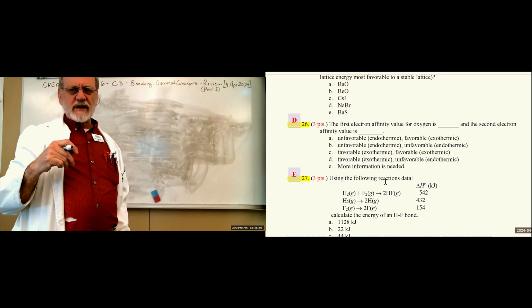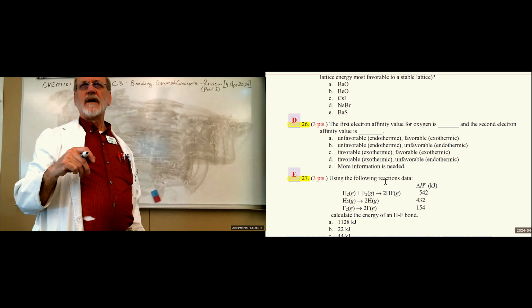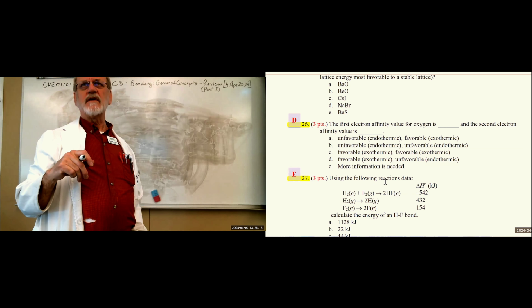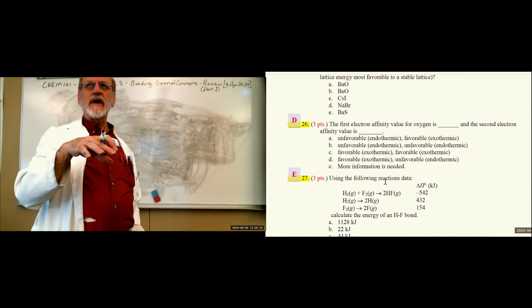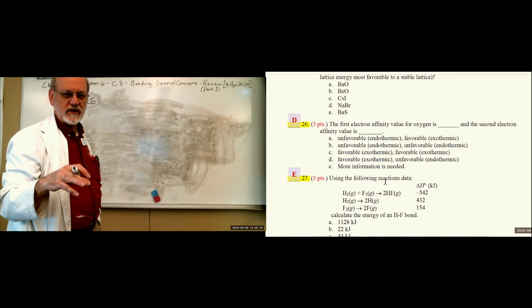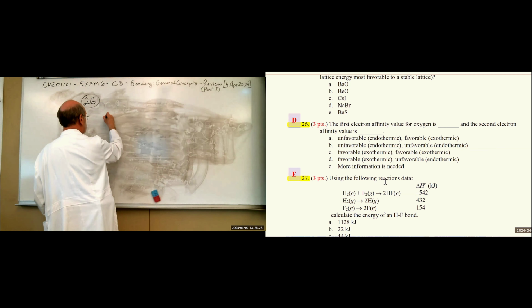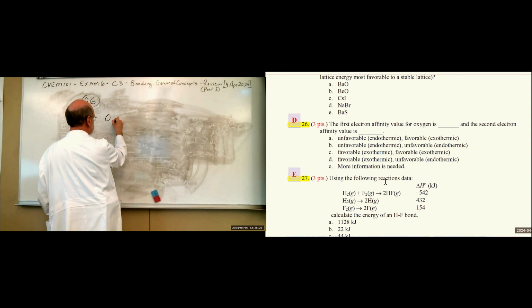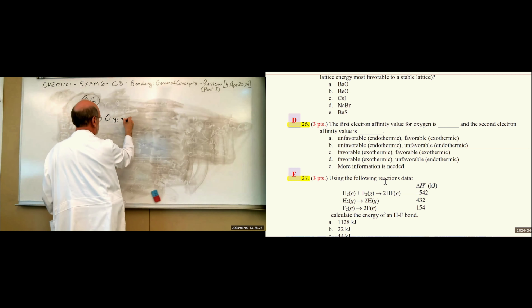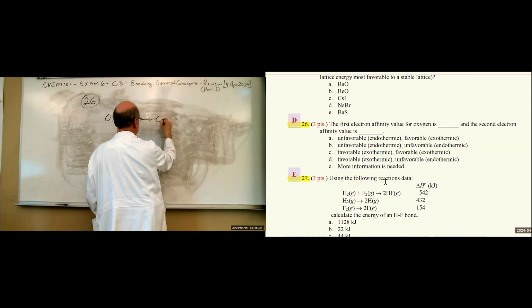The first electron affinity value for oxygen is blank, and the second electron affinity value is blank. Unfavorable versus favorable. Okay. For oxygen, electron affinity. Remember when we have oxygen gas, and we're going to see how does it attract an electron, and that gives us O minus gas.